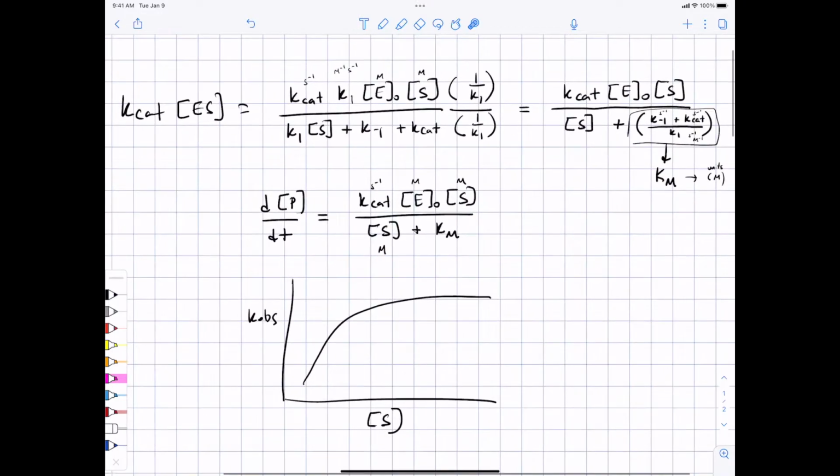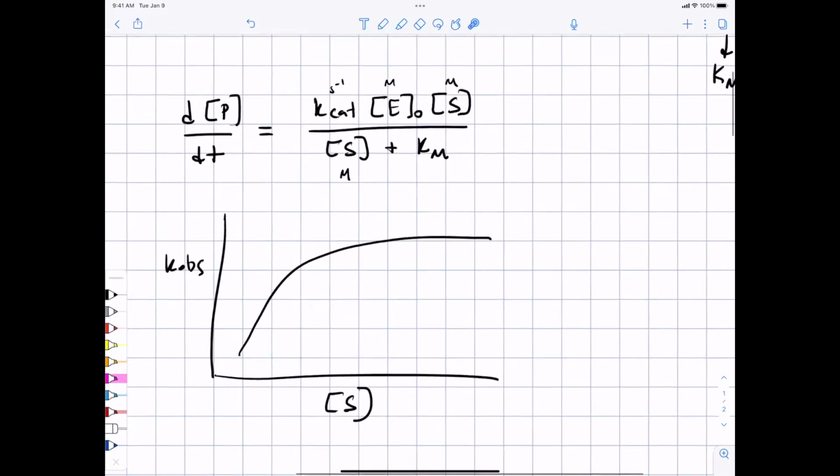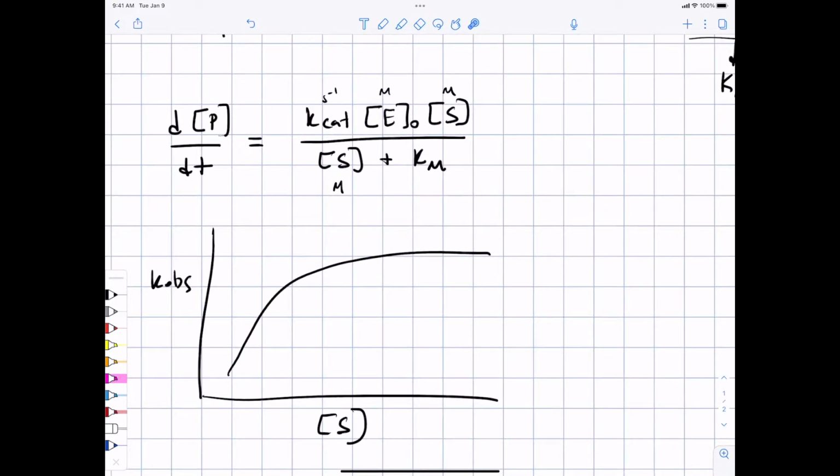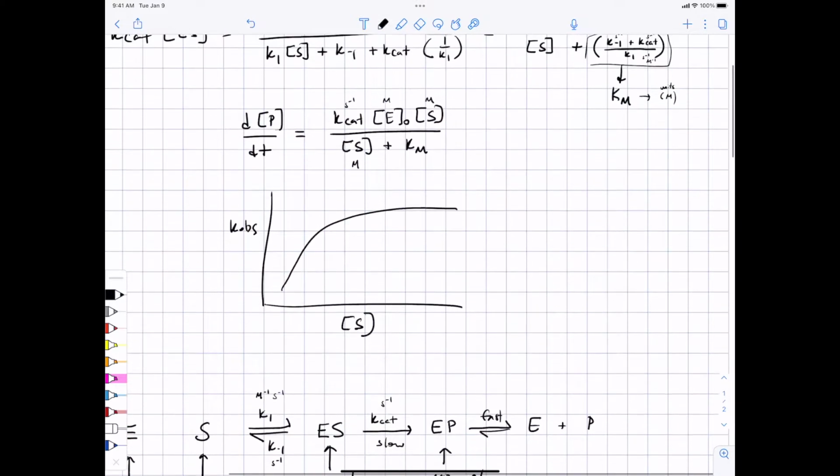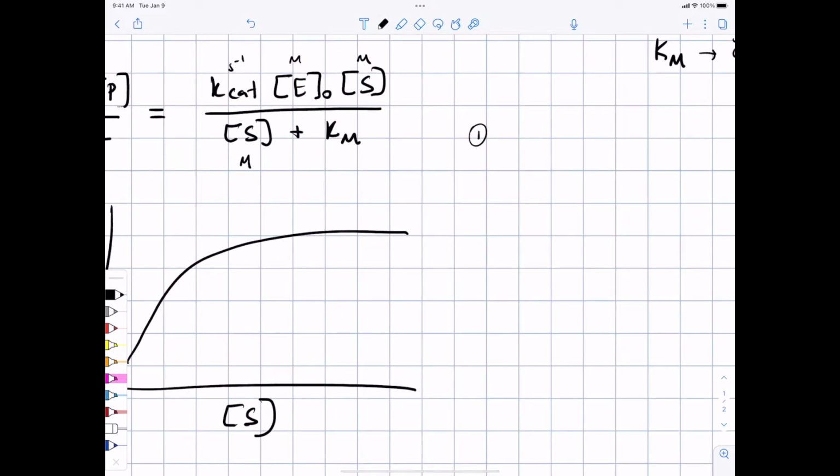But what you can see when we look at this rate law is that there are a couple of different situations we can expect. If, for example, the substrate concentration is much larger than Km, then as we said last time, the rate law simplifies to just having substrate in the denominator, then that would cancel out from the numerator.